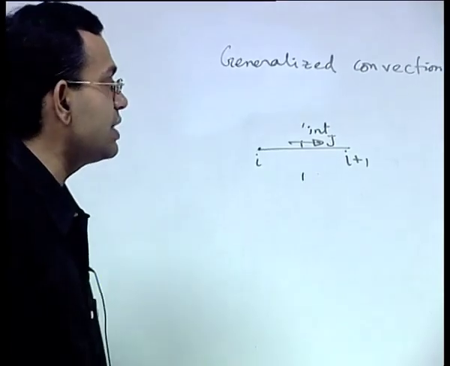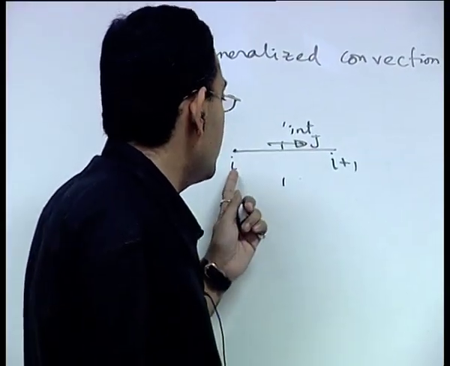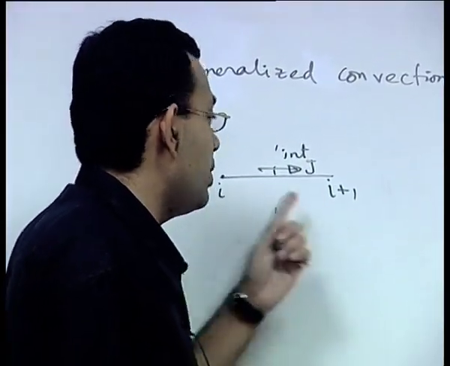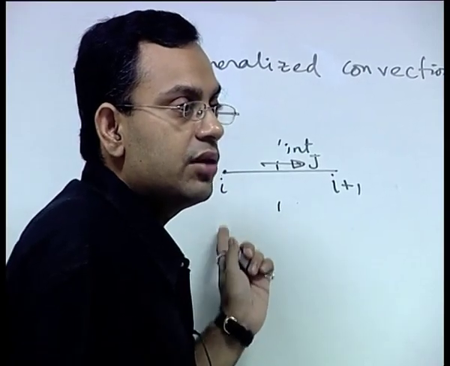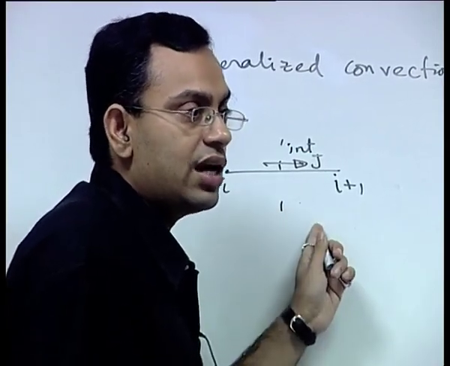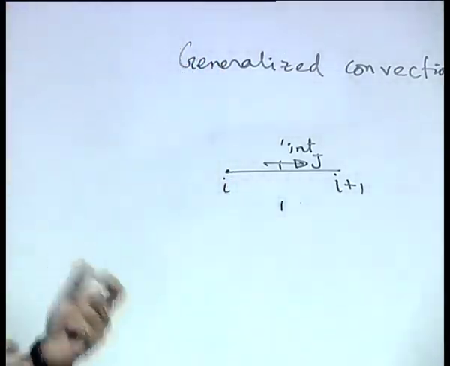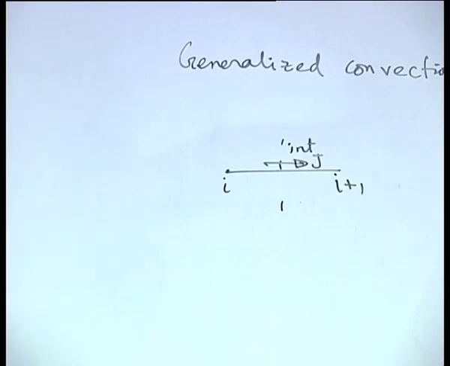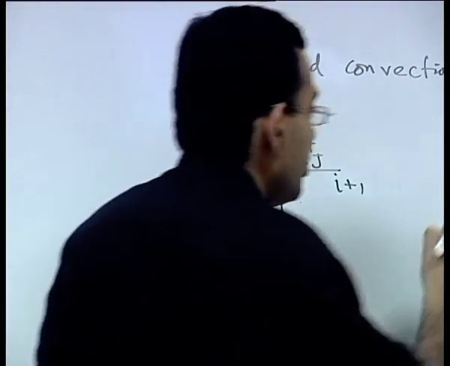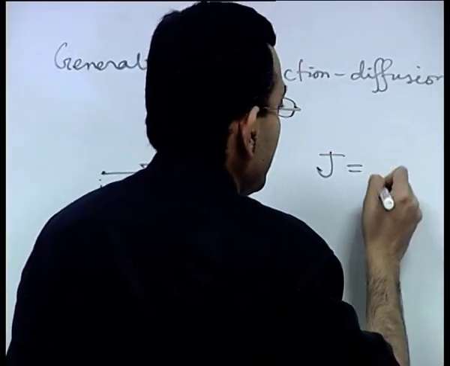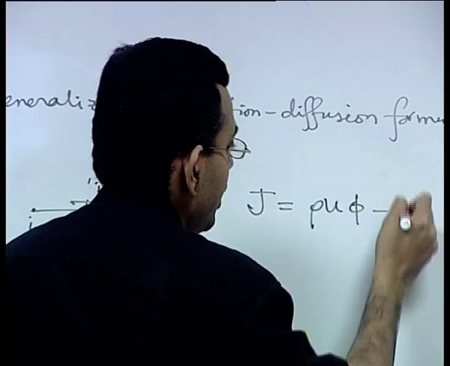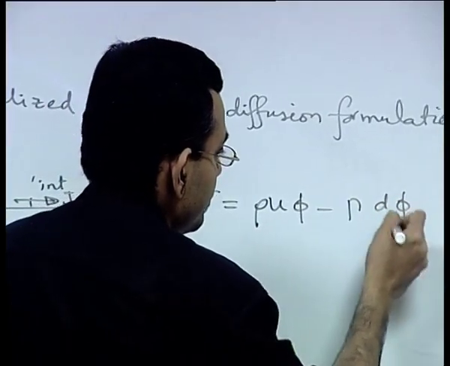We want to represent this flux in terms of the values of the variable at the grid points by considering both advection flux and diffusion flux, which is consistent with any of the convection diffusion formulations. So, remember that J is rho u phi minus gamma d phi dx.